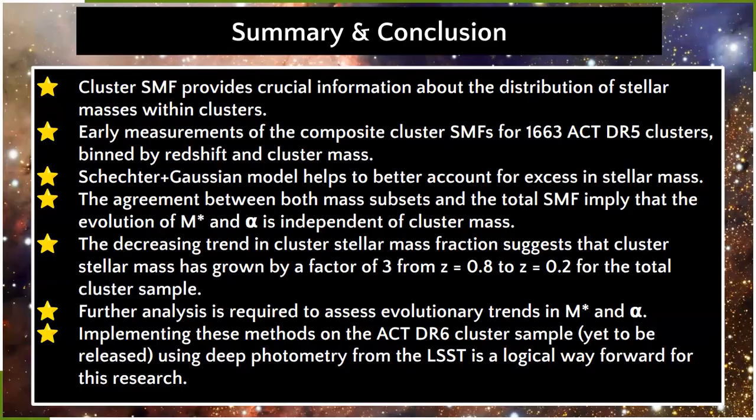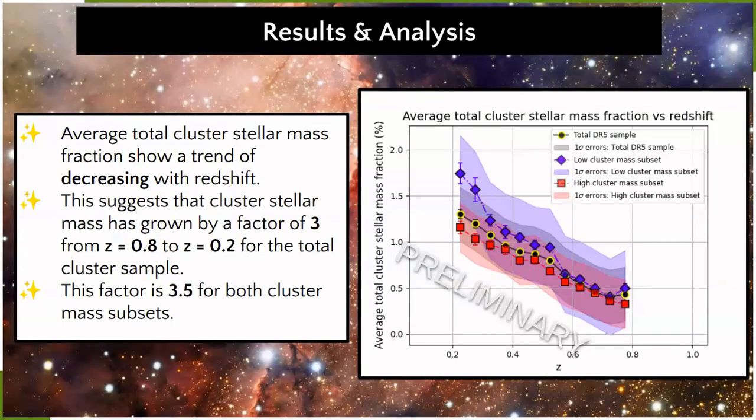Okay. So the main takeaways: for example, we look at the cluster stellar mass fractions. We are seeing how these clusters are evolving in terms of their stellar mass and their mass accretion from redshift 0.8 to 0.2, because we're looking at the fraction of stellar mass compared to total cluster mass.